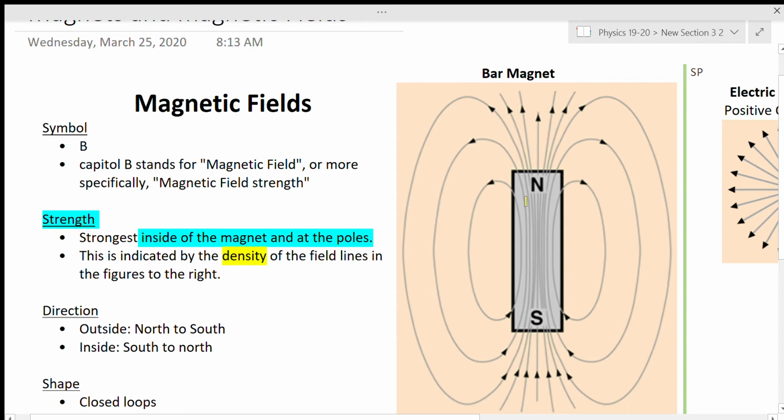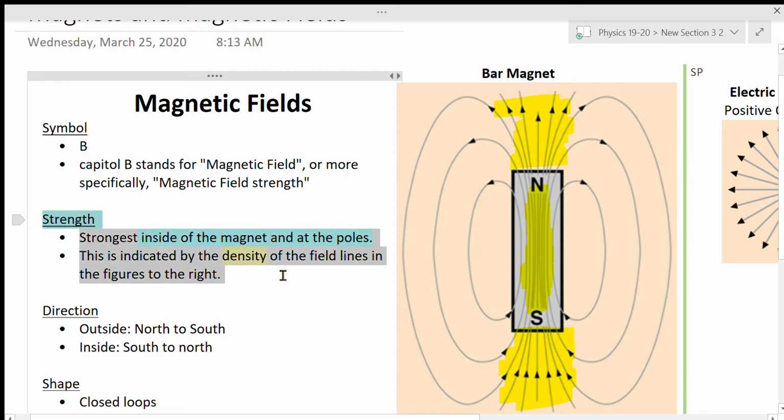The field is very strong inside of the magnet, where these field lines are very tightly packed. Outside of the magnet, you're going to see the strongest magnetic field at the poles, near the North Pole and near the South Pole, where those field lines are very close together. That's how we interpret those field lines to tell us about the strength of the field.